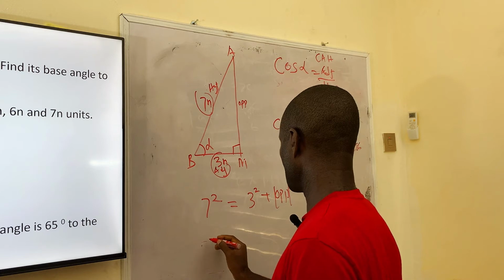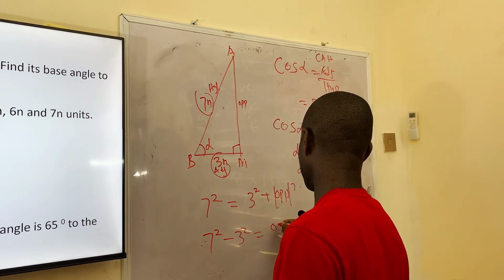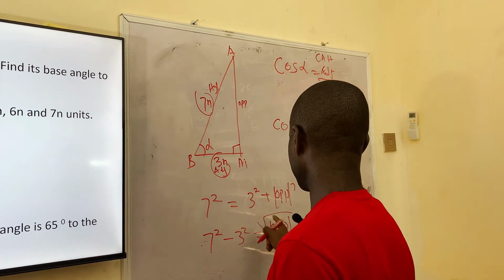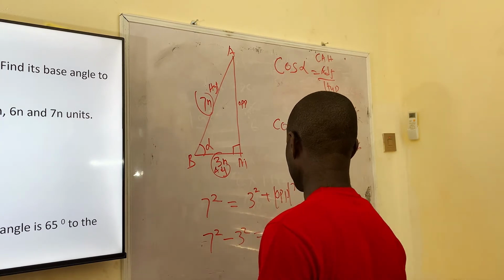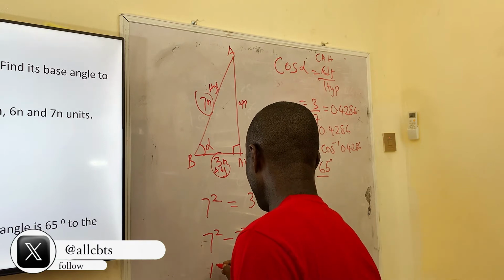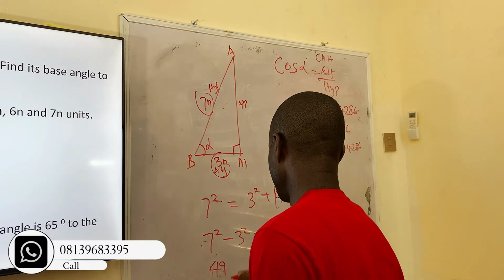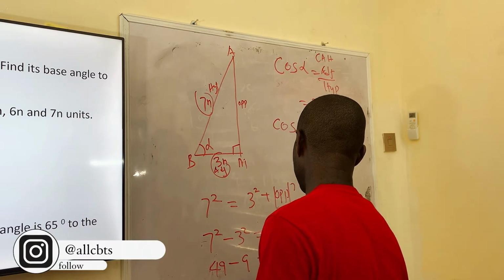So for you to find this, you're looking for the opposite. So automatically what you do is 7 squared minus 3 squared equals opposite squared. So for you to remove this sign of square, you have to find the square root. 49 minus 9 equals opposite squared.